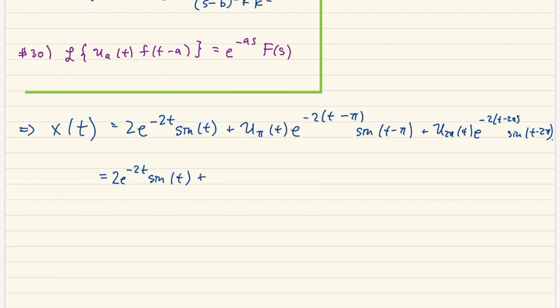So you can write this as minus u sub pi of t e to the negative 2 times t minus pi sine of t. And if you shift sine by 2 pi, then you're not really shifting at all. So that's going to be plus u sub 2 pi of t e to the negative 2 times the quantity t minus 2 pi sine of t. And that would be our answer.